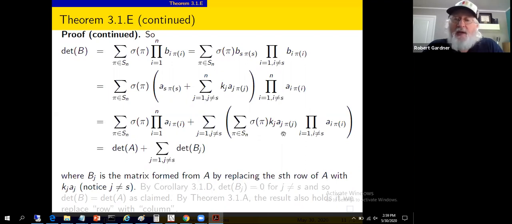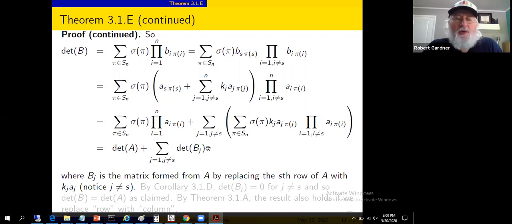Then we've got exactly the determinant of some matrix, B sub j, a matrix that's a little awkward to describe, but still of that particular form, where we define the S row in terms of this stuff here.